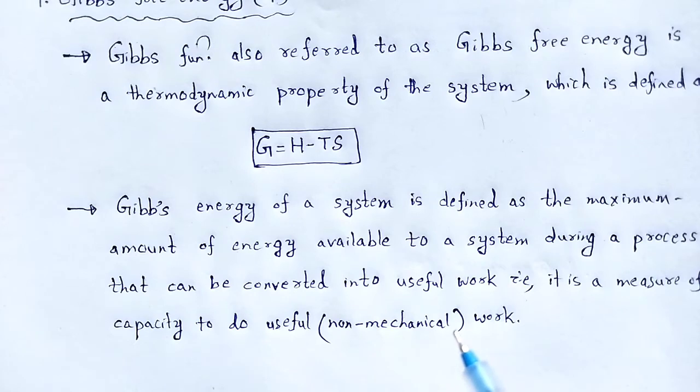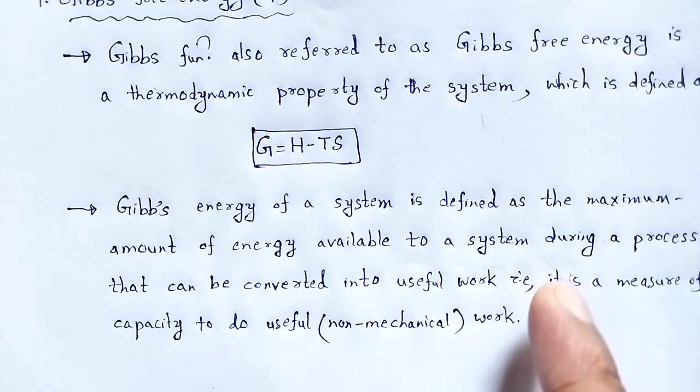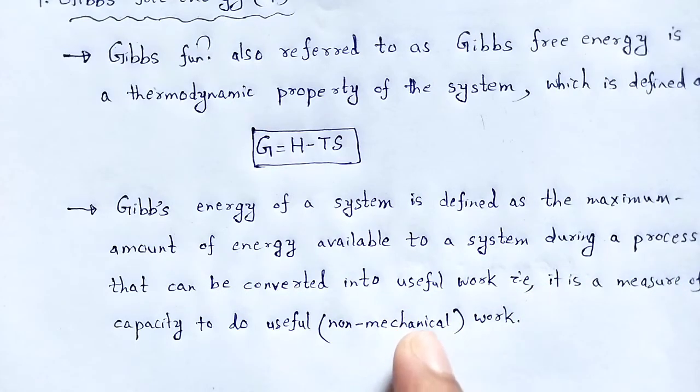In the case of Helmholtz free energy, it is the capacity to do useful mechanical plus non-mechanical work. But in the case of Gibbs free energy, it is the capacity to do useful non-mechanical work, such as in a cell, the work done by the flow of charge. That type of work is also known as non-PV work, which is non-mechanical work. So the measure of capacity to do useful non-mechanical work is the Gibbs free energy.